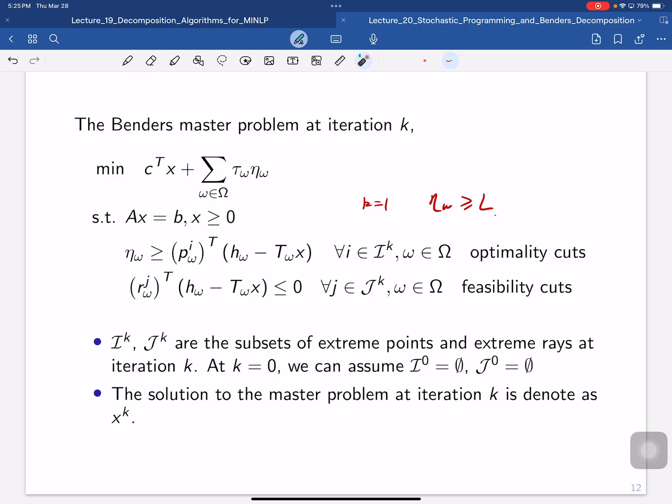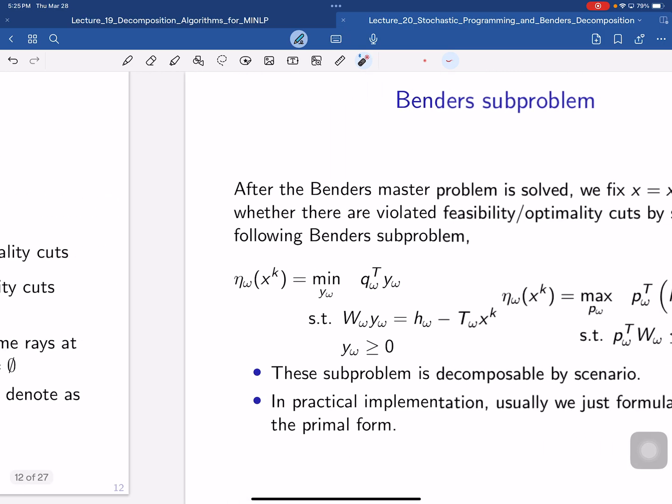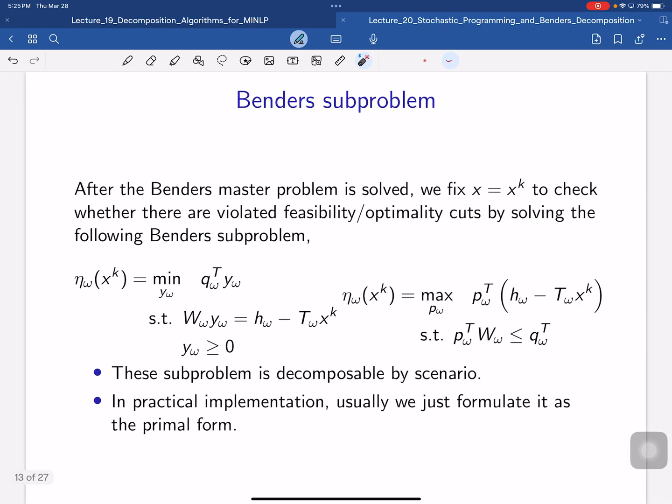Then after you solve the master problem and fix x equal to x^k, remember what we told you is that x are the complicating variables. Once you fix those x variables at x^k, all the rest of the problem is decomposable by scenario. So you can solve the so-called Benders subproblem by scenario.